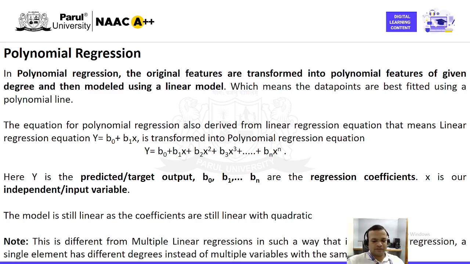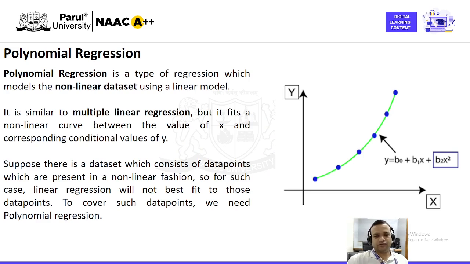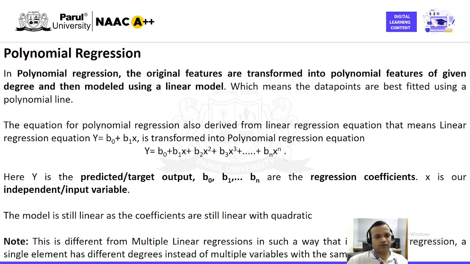You already saw this picture. Some data points are covered by the best fit line, the polynomial line. The equation of polynomial regression is also derived from the linear regression equation. That means the linear regression equation y equals b0 plus b1 x is transformed into the polynomial regression equation.